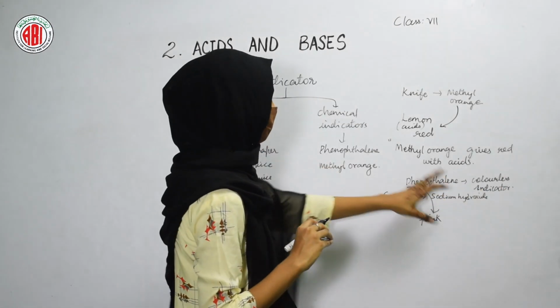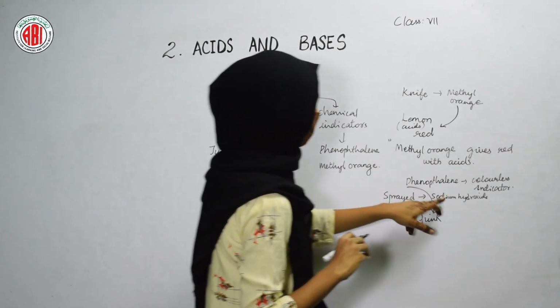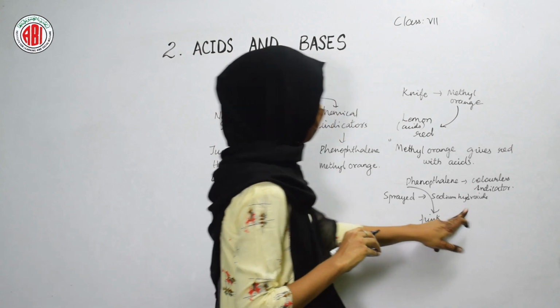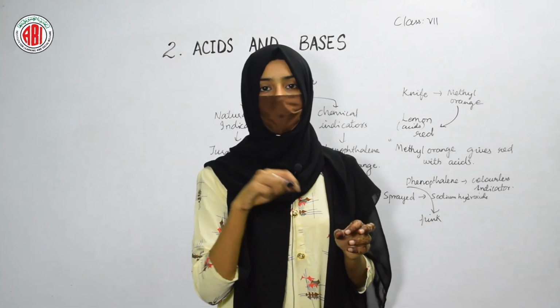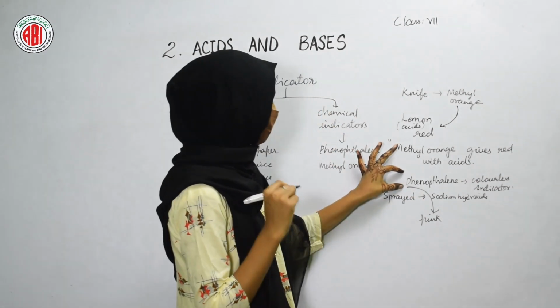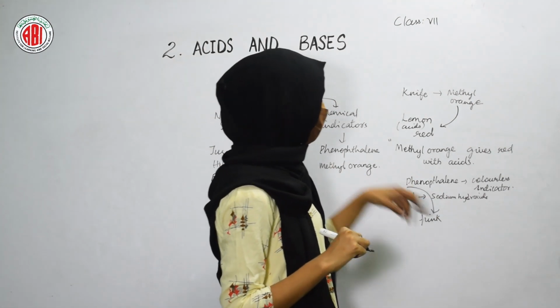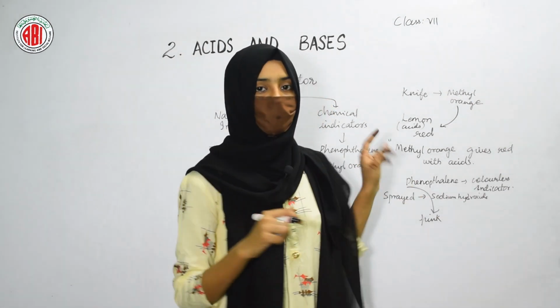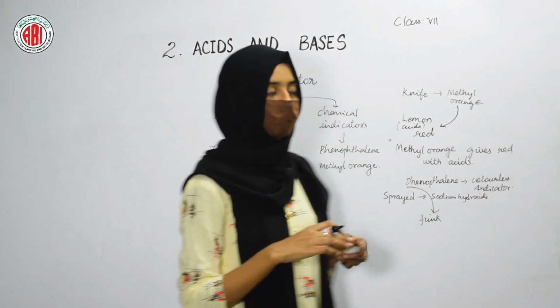In this way, the colorless phenolphthalein turns into pink color when it reacts with the base called sodium hydroxide. So when she wrote the words with the help of phenolphthalein, and after writing, sprayed the sodium hydroxide onto that paper, the phenolphthalein turns into pink color and the words are visible to the persons.